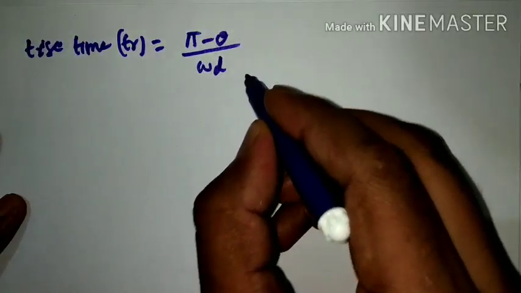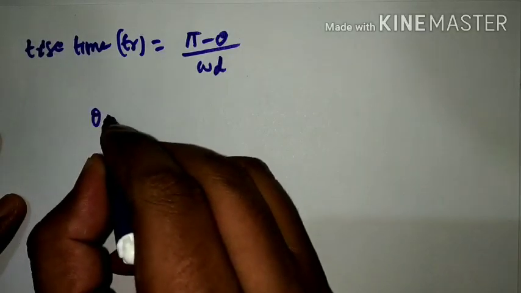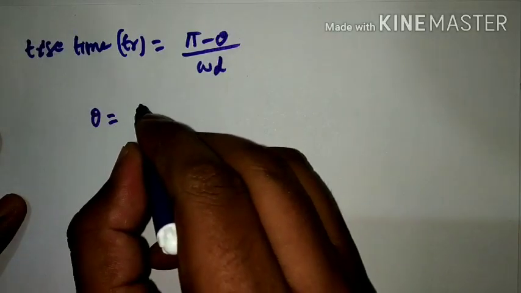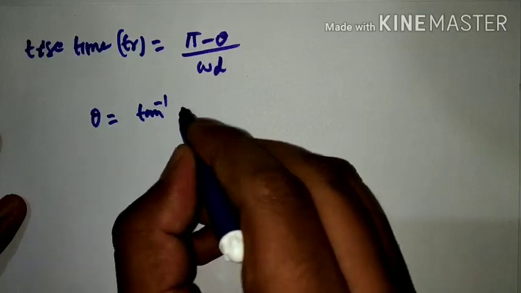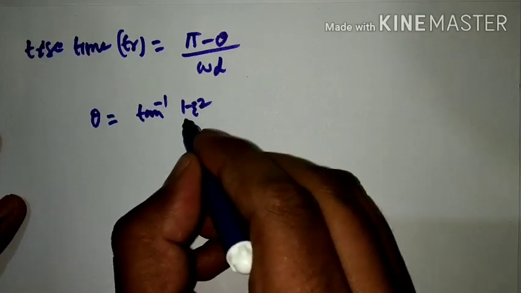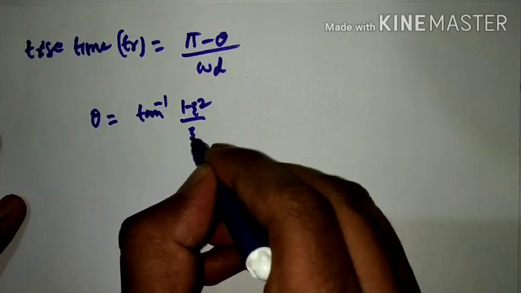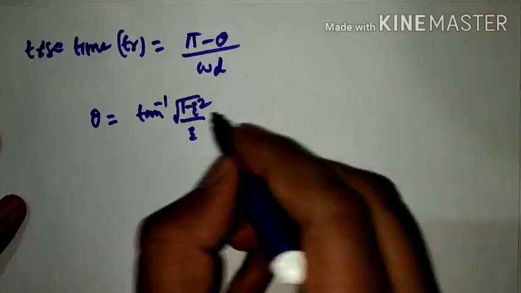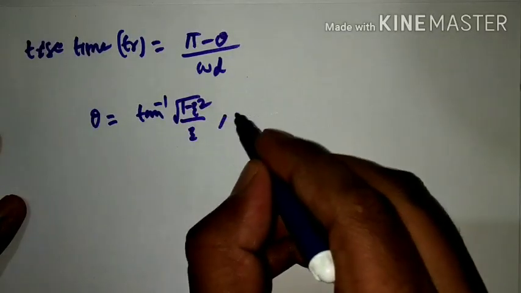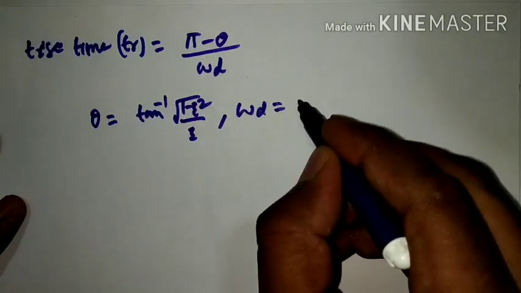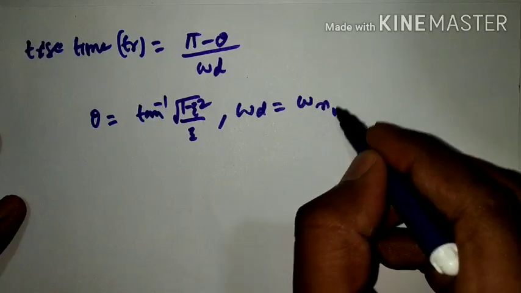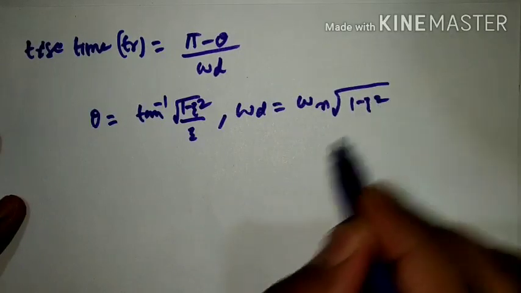Theta is equal to tan inverse of root 1 minus zeta square by zeta. And omega d is equal to omega n root 1 minus zeta square.